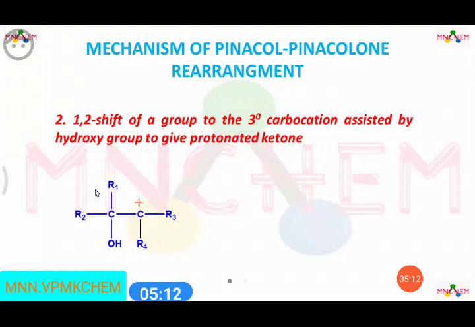The stable carbocation formed after the first step, where one of the R groups attached to the adjacent carbon is migrated to it, and this is assisted by the hydroxy group attached to that carbon.